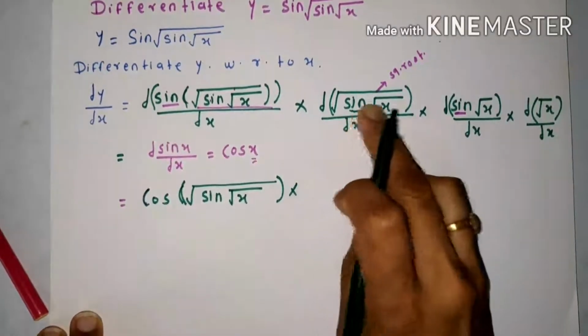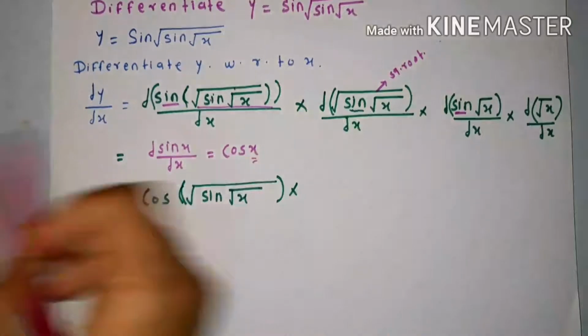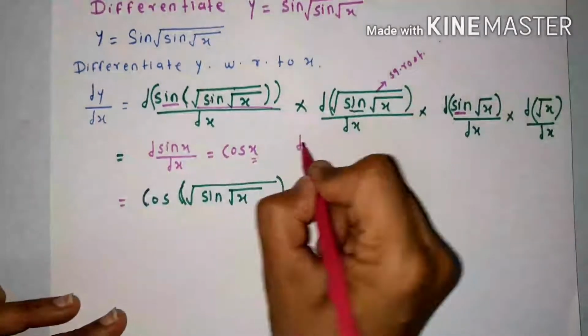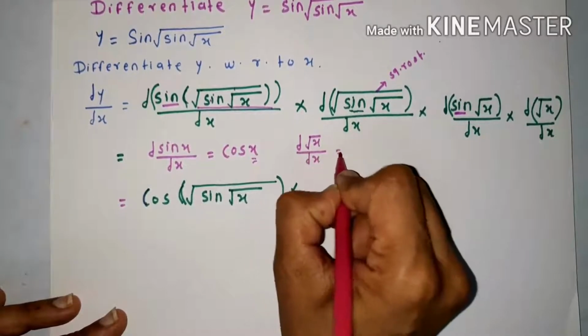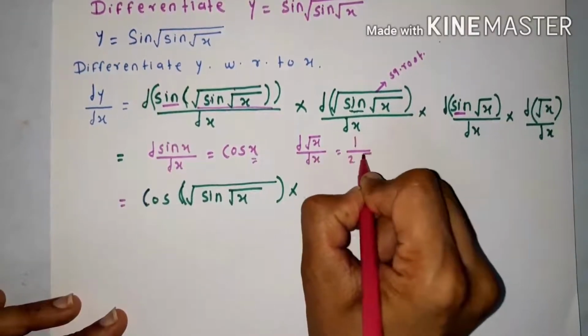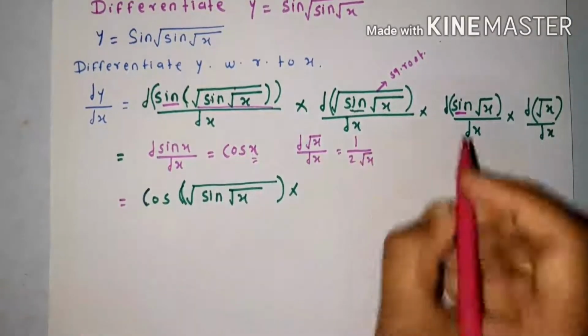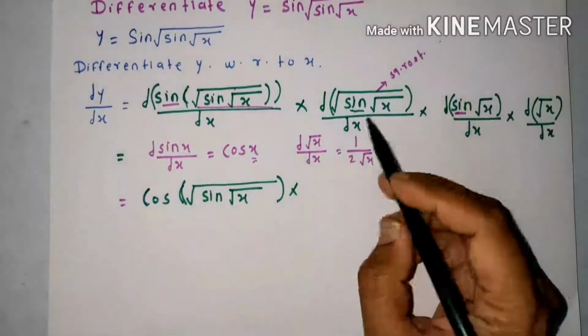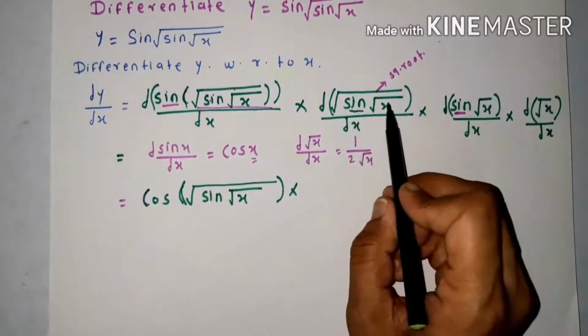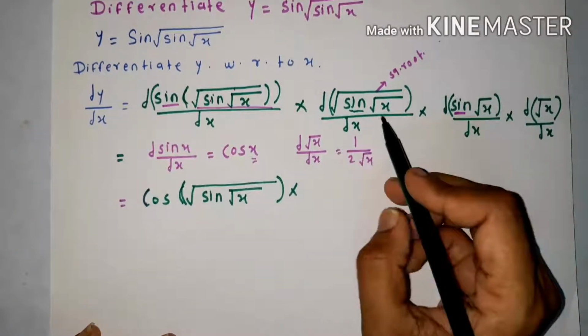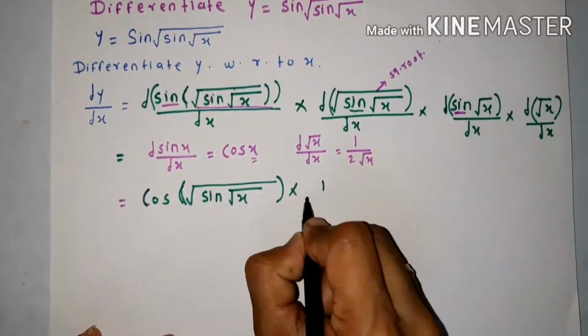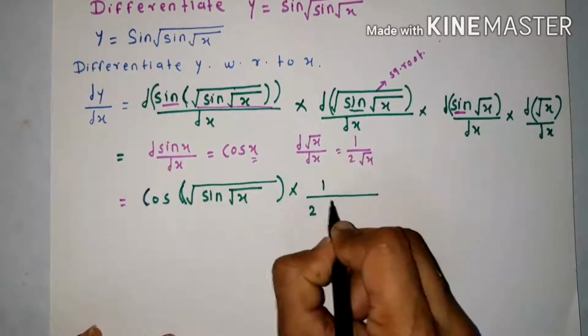Now differentiation of the square root function, that is differentiation of square root of x with respect to x, is 1 upon 2 root x. Instead of x here we have sine root x, and therefore differentiation of root sine of root x is 1 upon 2 root sine of root x.